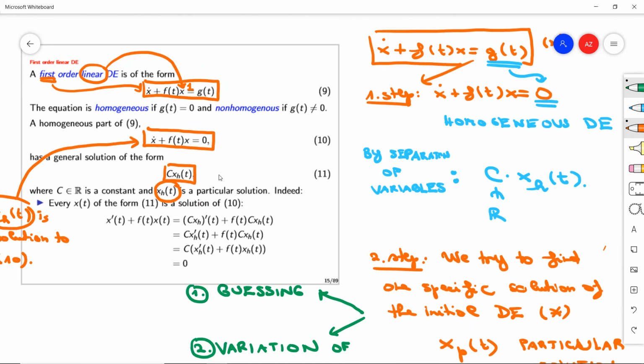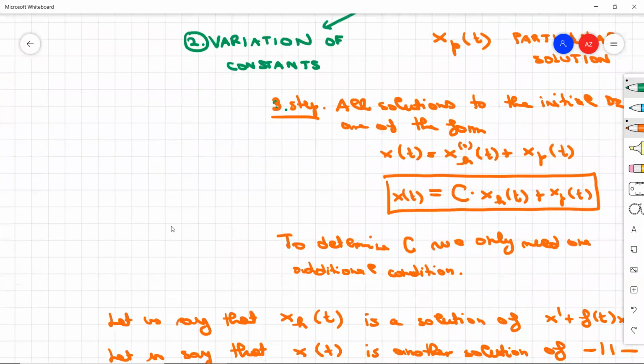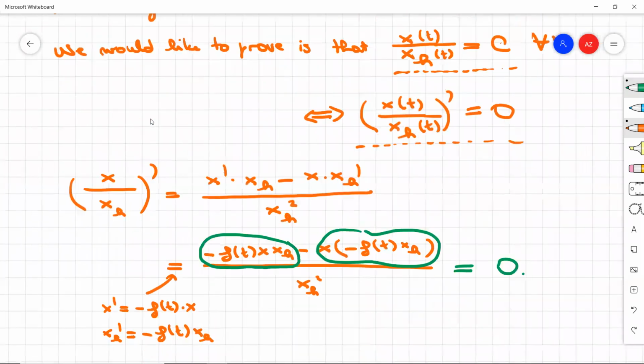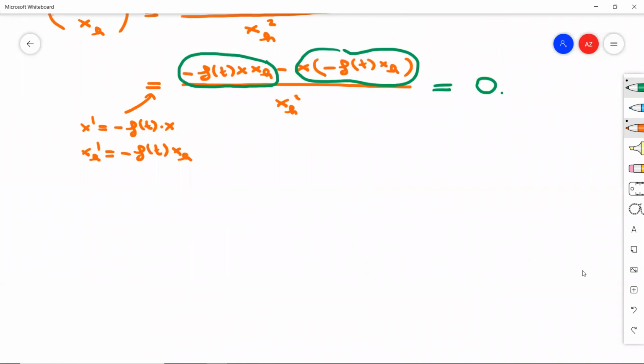Again, you assume that we have one particular solution and then another particular solution. And what we have to prove is that the difference between those two solutions is C times x_h. And for this, we use the same technique. And it's done on the next slide, so you can look at this by yourself.